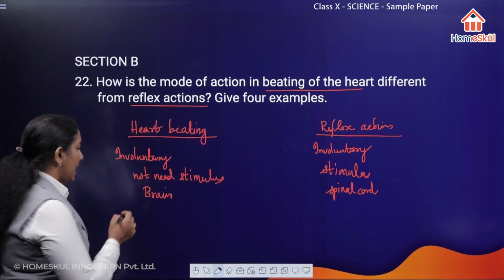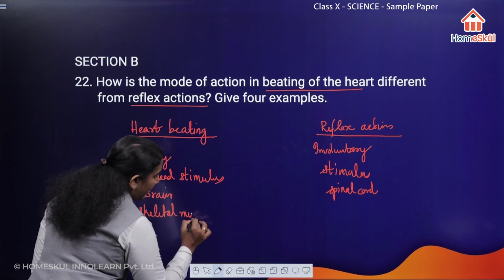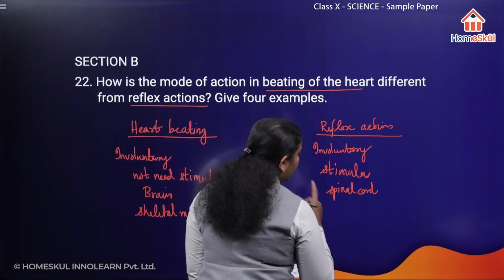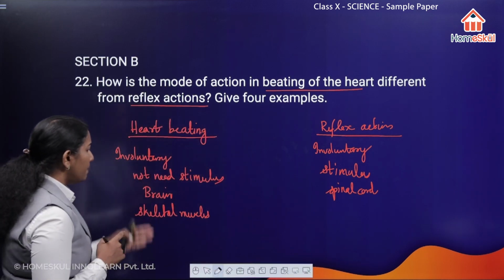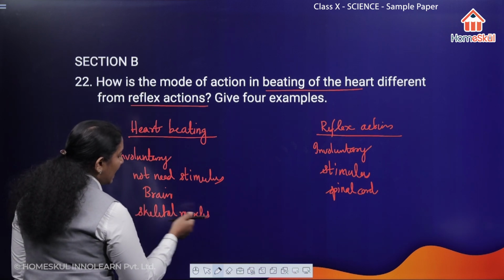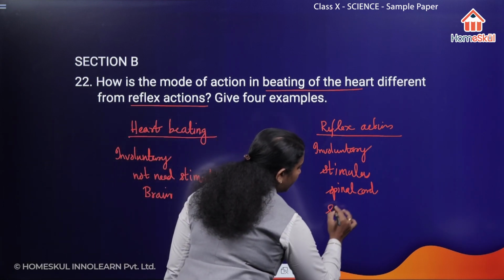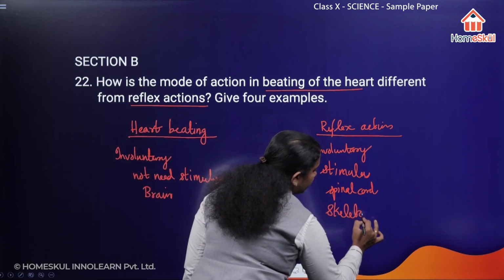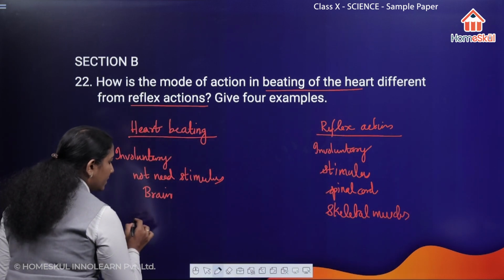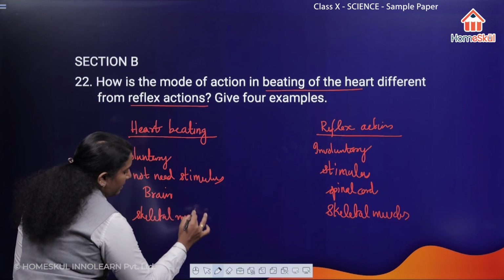And in heart beating, skeletal muscles are not involved, right? But skeletal muscles are involved in reflex action. In heart beating, it does not require any kind of skeletal muscles.